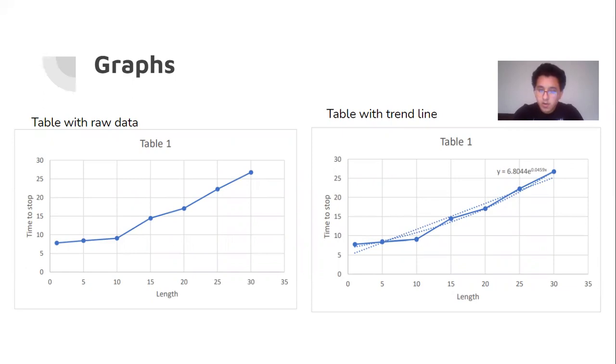And you can see it's the one below, which goes really to other places than the raw data goes. However, the one that is exponential manages to keep most in touch with that.